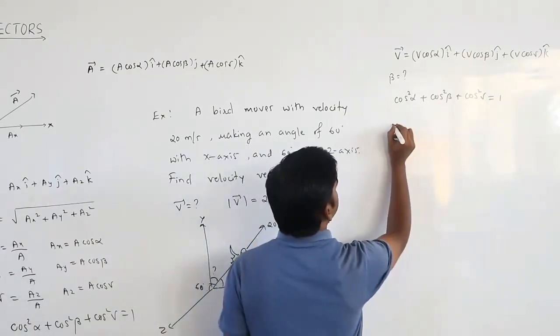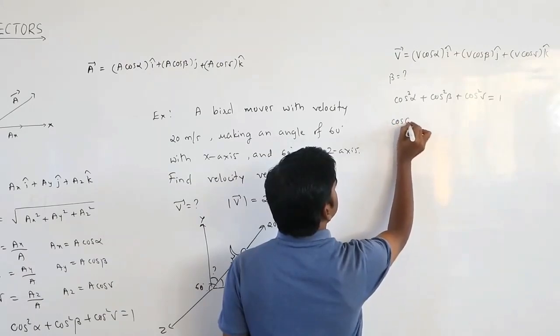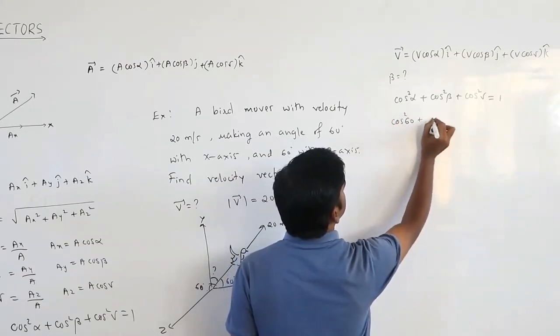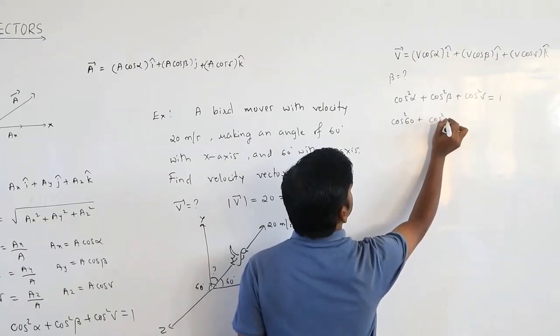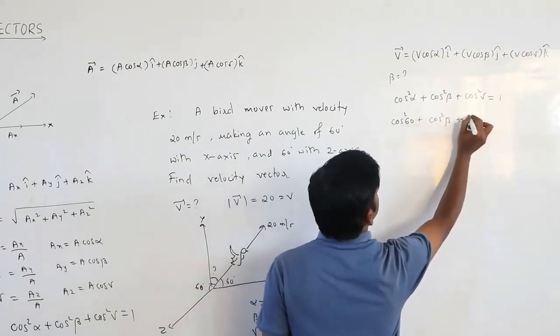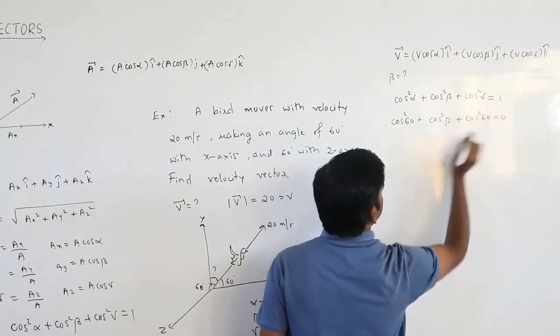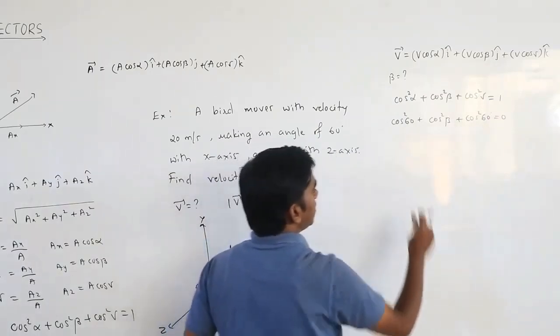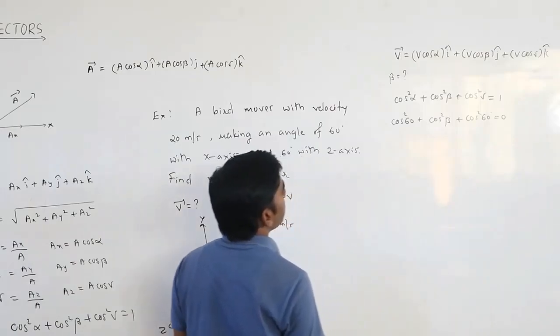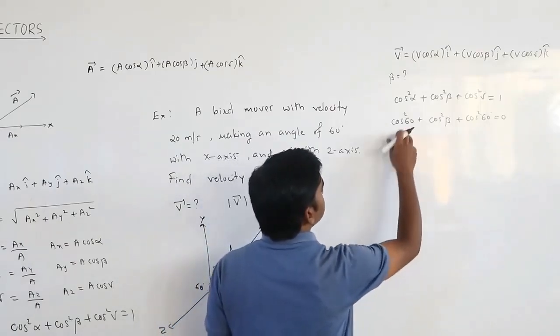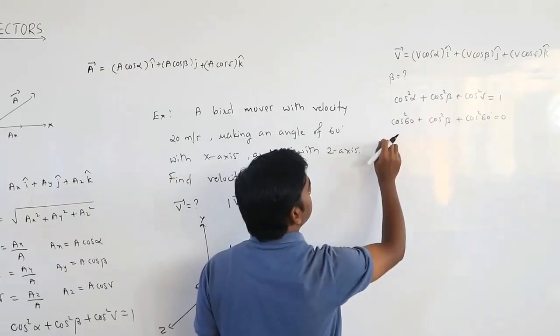Okay, so alpha is 60. So you can just substitute cos square 60 plus cos square beta plus cos square 60 again equals to 1. You can write cos 60 square also; it doesn't mean that you have to write it like this only.